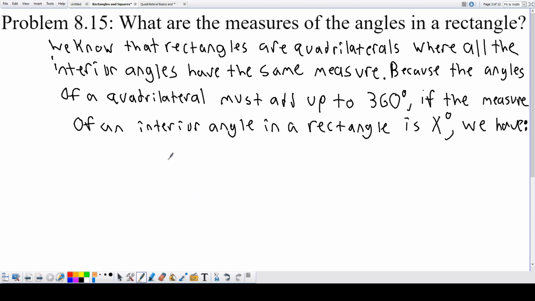Well, there are 4 angles in a rectangle and they all have the same measure of x, so we have that 4 times x degrees is equal to 360 degrees.